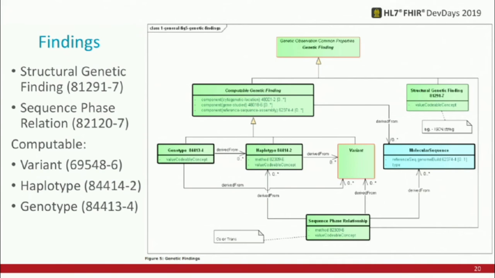Oh yeah, so looking at the computable genetic finding, we're going to unpack this notation a little bit. It says component cytogenetic location, component gene studied, and these are link codes. So it's got 3 components there, and up until now, all of the lines that have been on these things have been individual FHIR data types. But these components are pretty complex things.